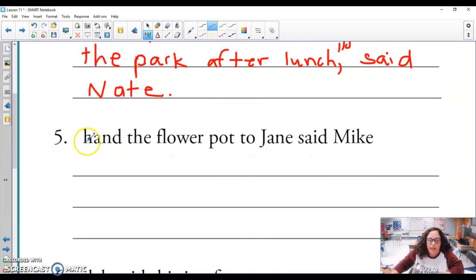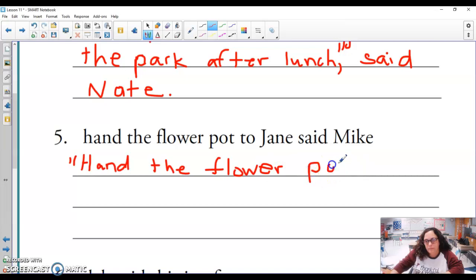Number 5 says, "Hand the flower pot to Jane," said Mike. So again, Mike is beginning to speak here, so you're going to put quotation marks, a capital H because that's where the sentence is starting. Hand the flower pot to Jane.